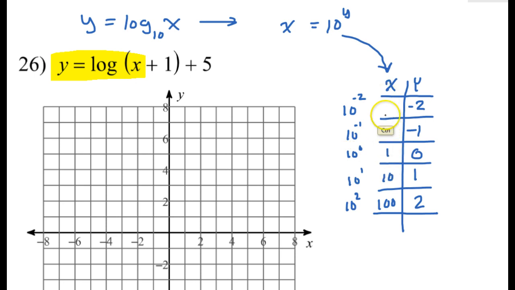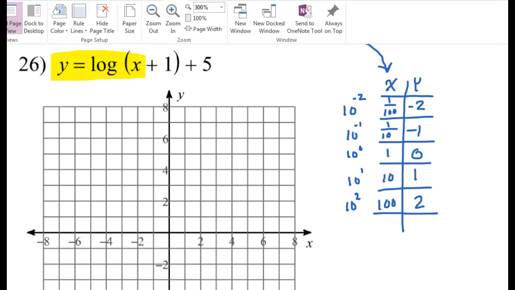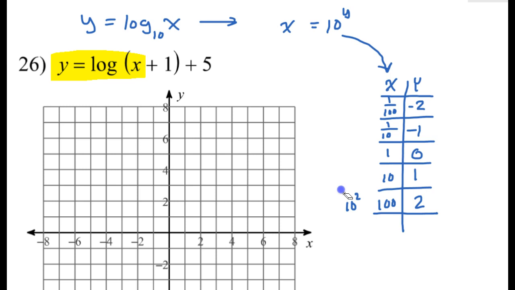Now these top two will just be the reciprocals of the bottom two. So this one will be 1/10, and this one will be 1/100th. Okay, so these are the values that go with the parent function.